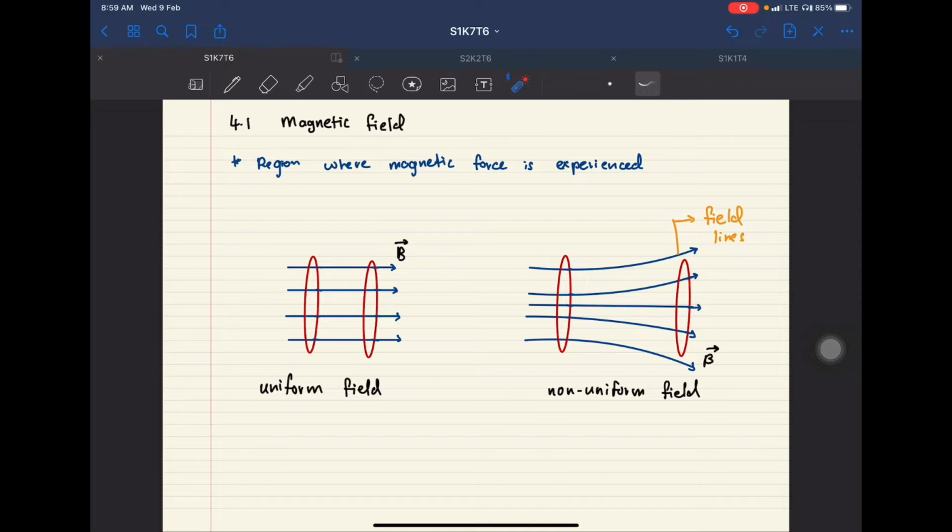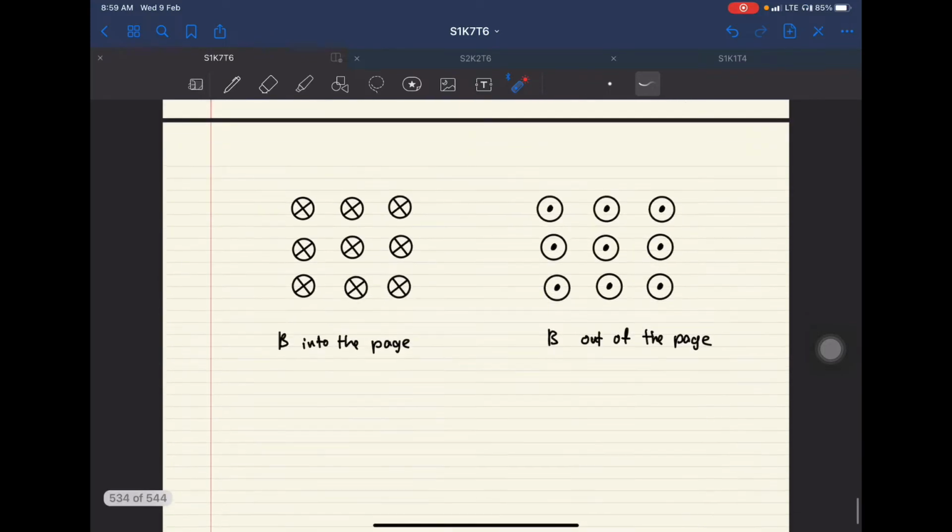So the difference shows that it is a non-uniform field. Remember, parallel lines indicate a uniform field, so the magnetic field across here is the same. If you have a non-uniform field, the lines are not parallel.